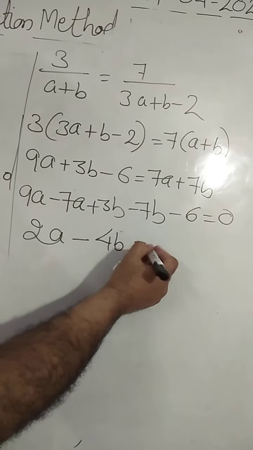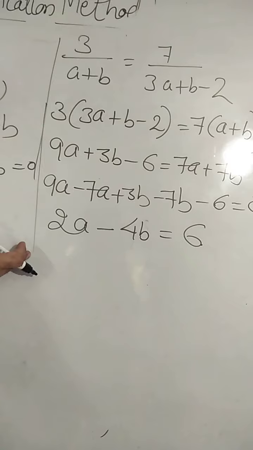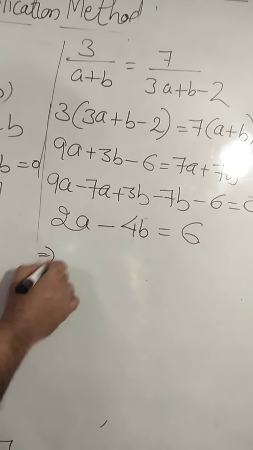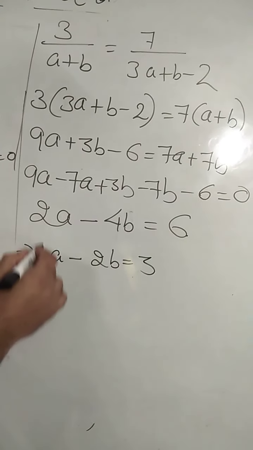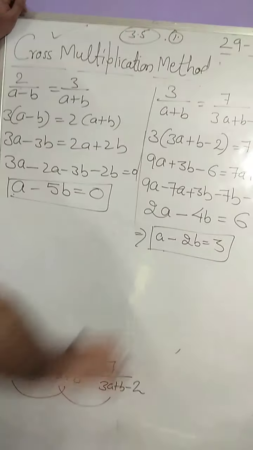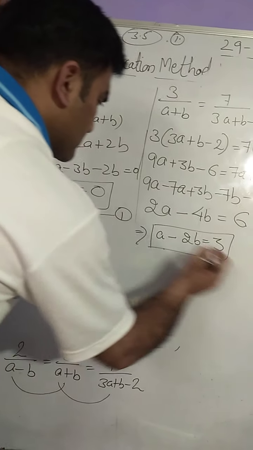Take this 6 to the other side. I can see something common: 2 is common. Dividing both sides by 2, we get a minus 2b equals 3. First equation, second equation. I got the two equations now. Take this as number 1 and this as number 2.